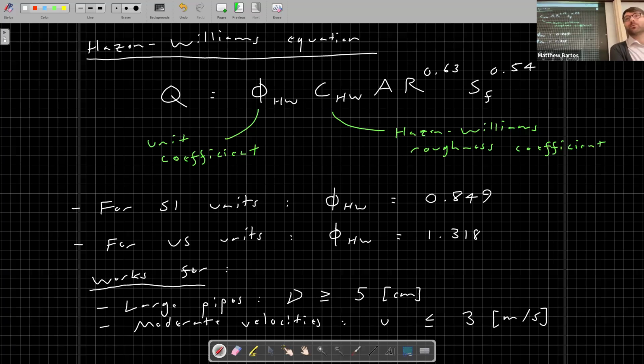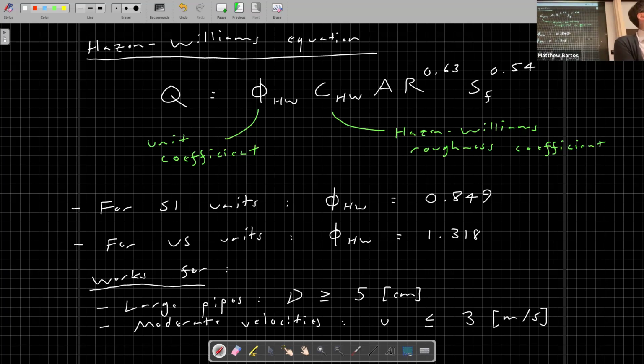But this works well for water distribution systems where you're typically dealing with water mains that'll be like 6 to 8 inches in diameter. And note that this also only works for water. It doesn't have any information about the viscosity of the fluid.